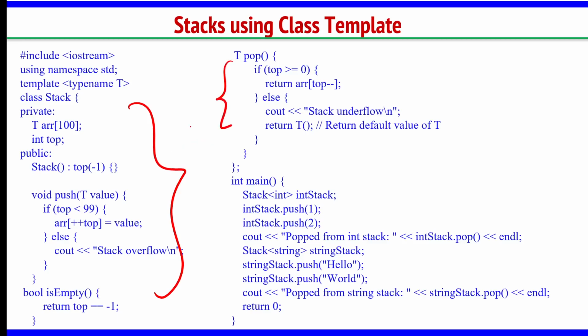Okay, nothing extra. But when I am calling from main, when I am creating an int stack, meaning I am creating an object with integer values, I can push 1, 2 and I can pop the element and see. When you create an object for this class Stack with string as the data type, then you can push hello world and you can pop it. Okay.